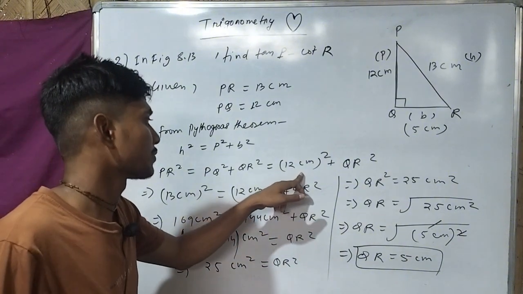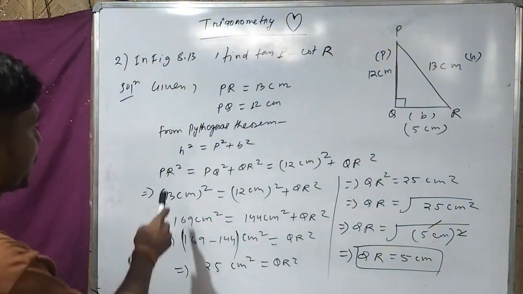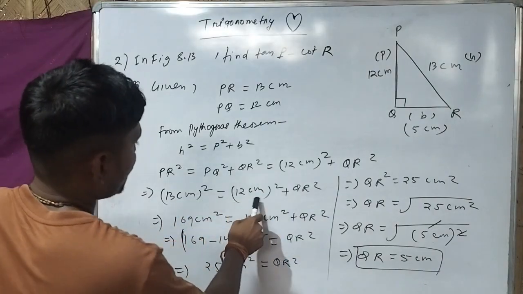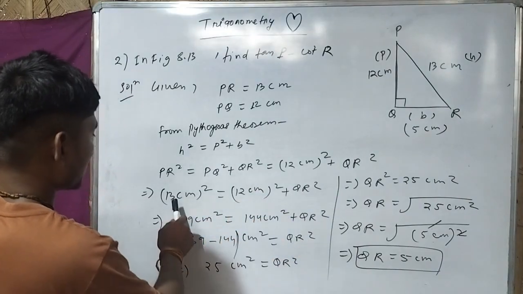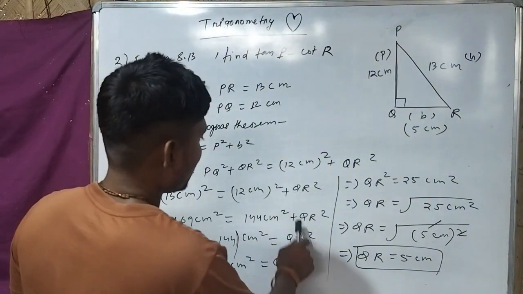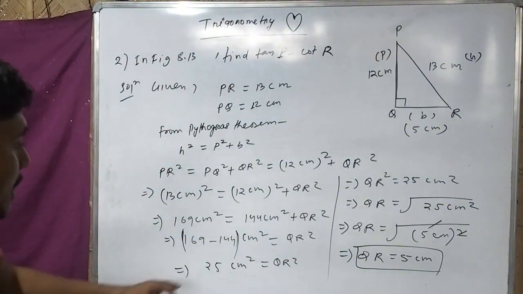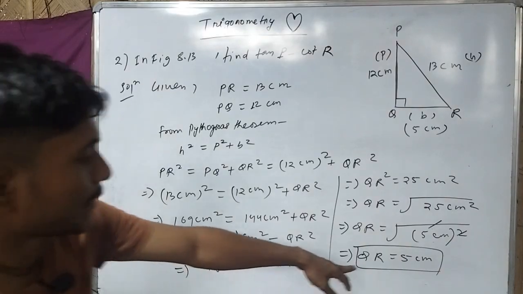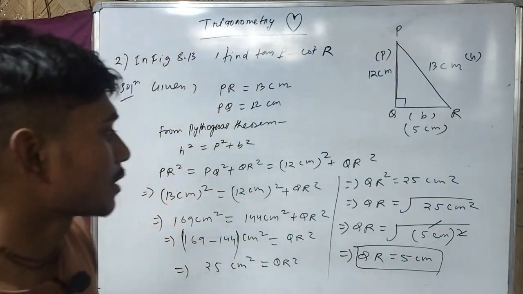So 13 centimeter square equals 12 centimeter square plus QR square. So 13 square is 169 and 12 square is 144 plus QR square. Now 169 minus 144 centimeter square equals QR square. That means you will get QR as 5 centimeter.